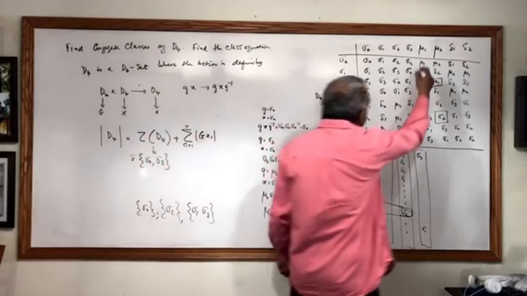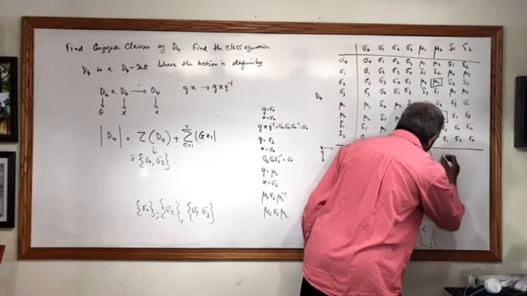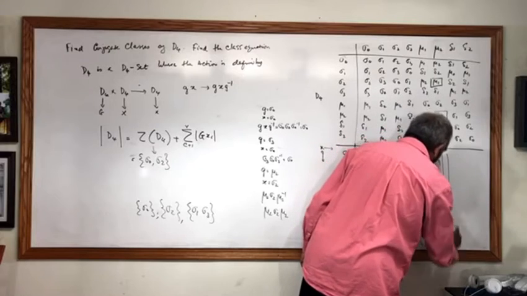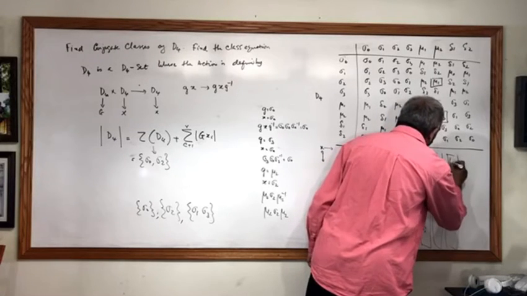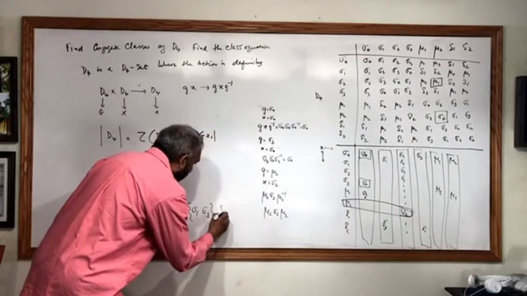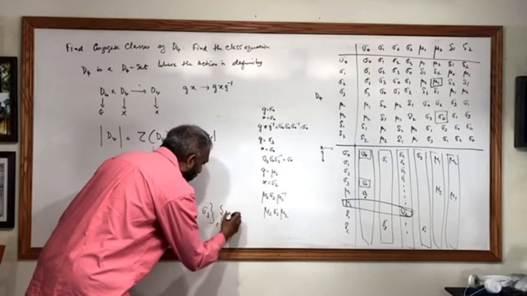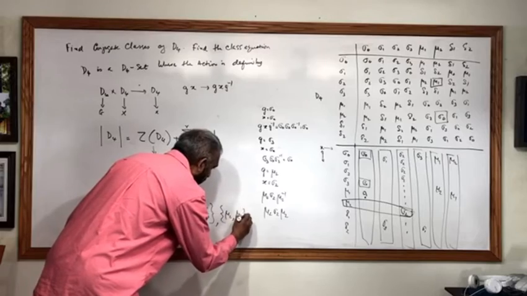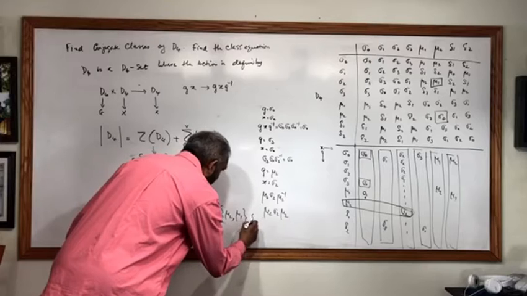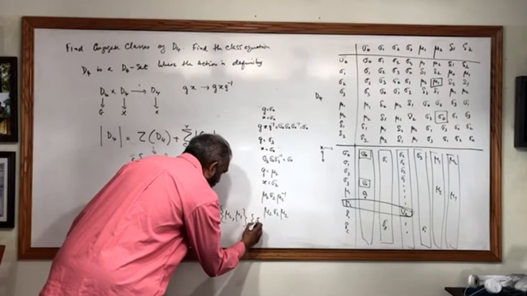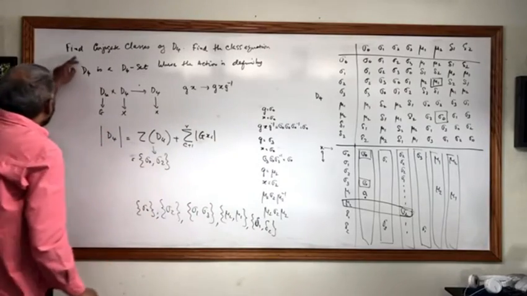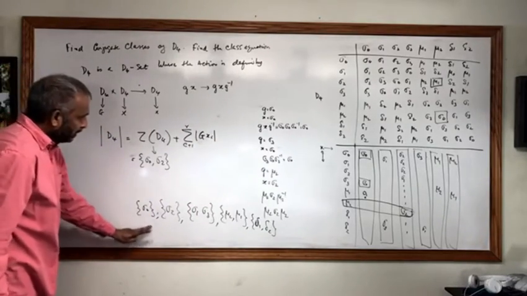Like that, if you take this element here, you will get mu1 and mu2, and here you get mu2 mu1. Similarly, the other one will be delta 1 comma delta 2. So the conjugate classes of D4 are this.